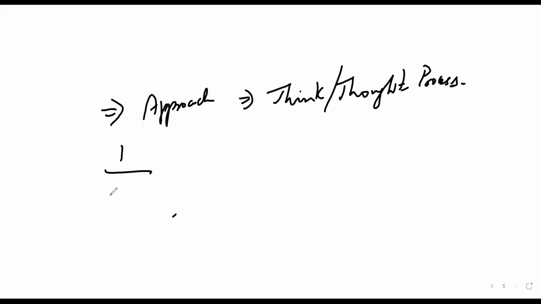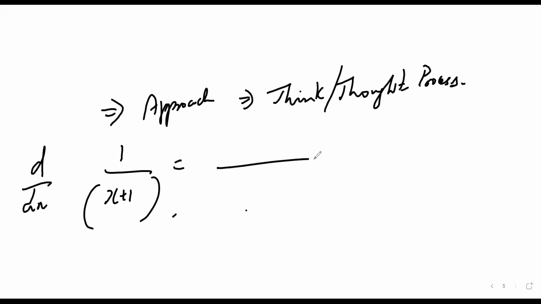So 1 by x plus 1. Let me take the differentiation of 1 by x plus 1. I'm doing the u by v rule, so x plus 1 the whole square in the denominator. U dash, u is my 1, so obviously it is 0 here. So 0 into x plus 1 is 0, minus u v dash.